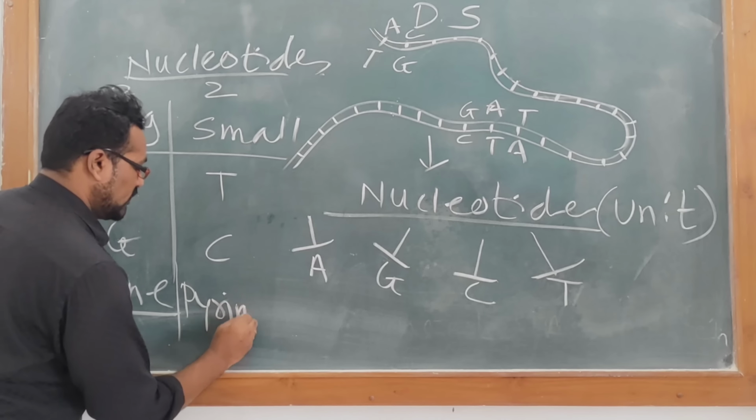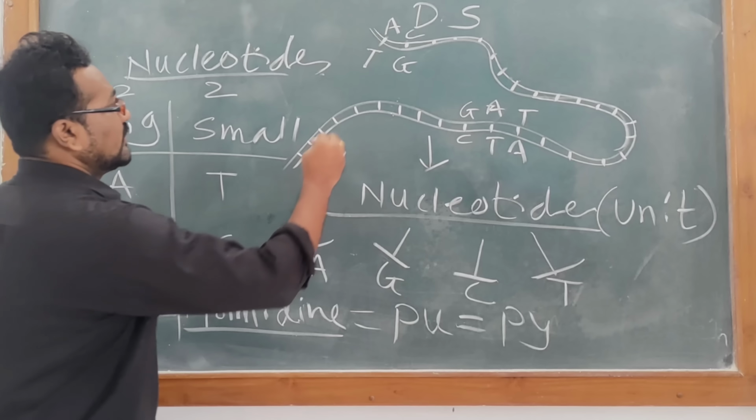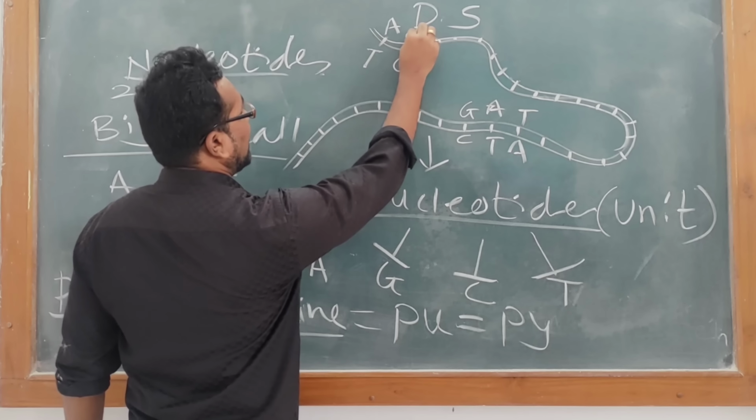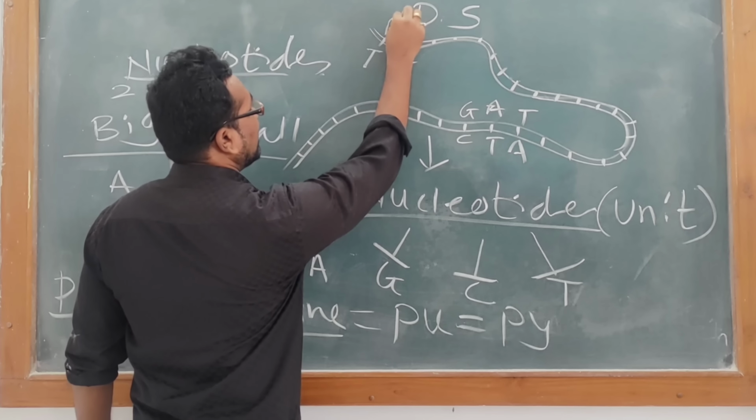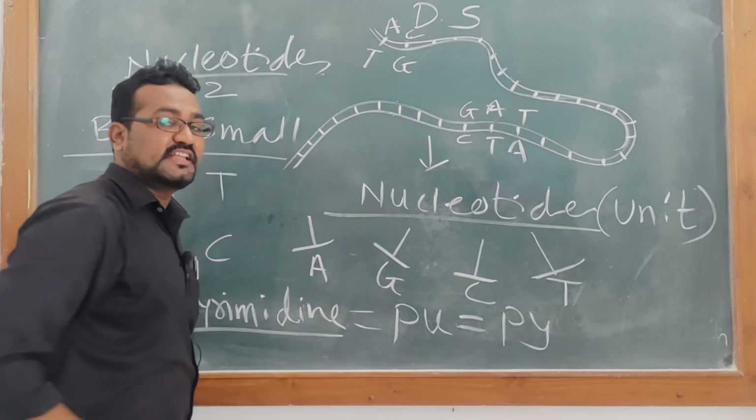Purine and pyrimidine. So obviously you can conclude that always purine pairs with pyrimidine. Here is one purine, at the opposite side there is pyrimidine. Here is purine, opposite side there is pyrimidine.